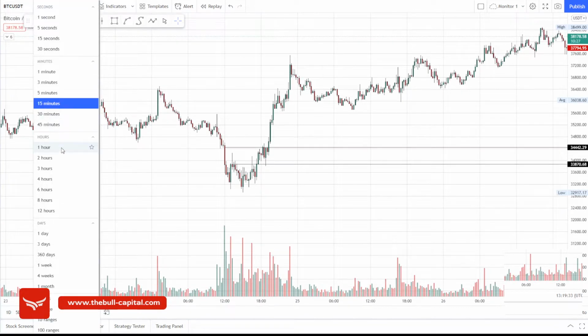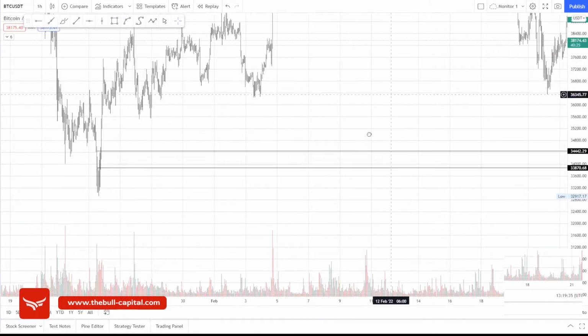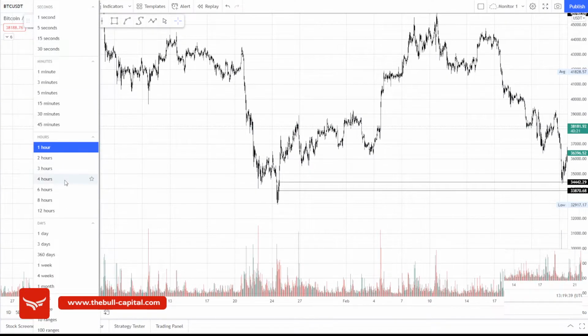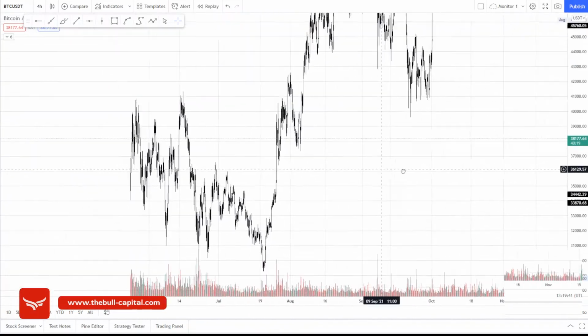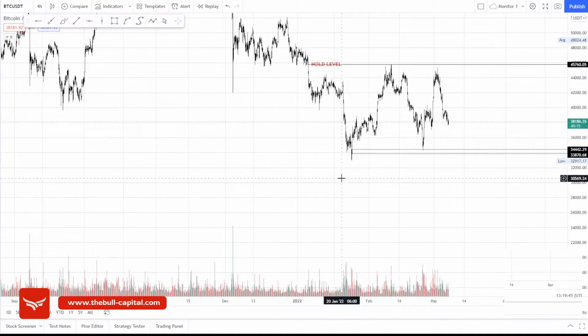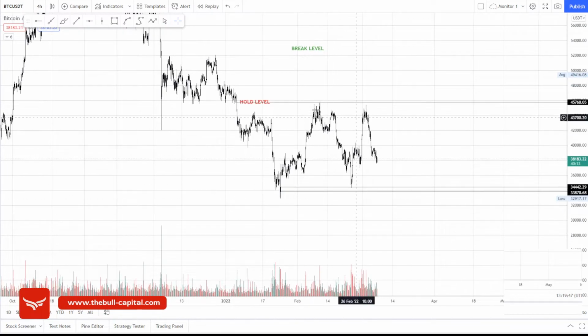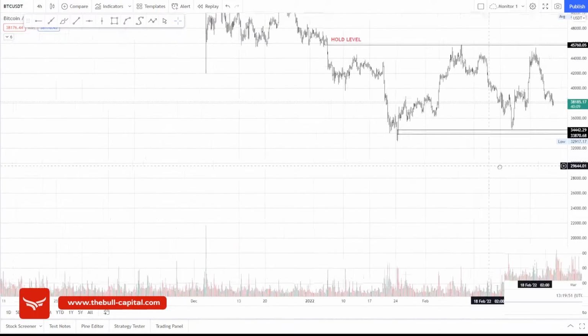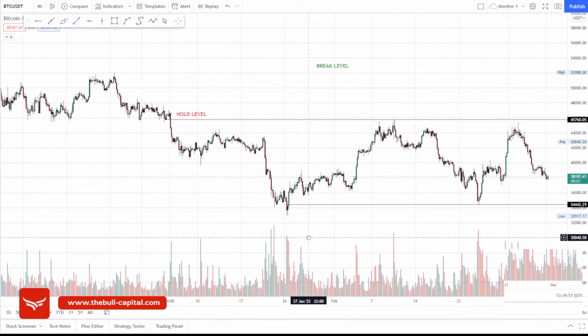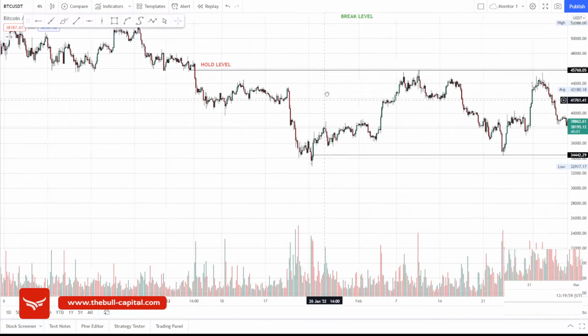Now let's actually see what happens. So now we have two hold levels, up and down. Remove this one. Now let's find the break level. So what is a break level?